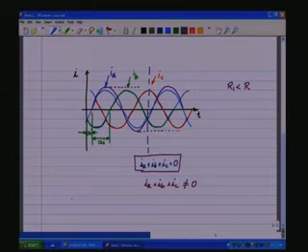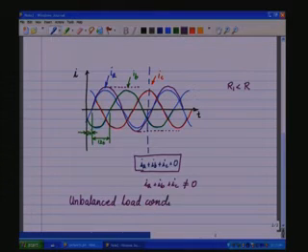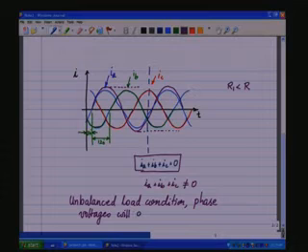So, which means under unbalanced load condition, the phase voltages will get distorted.